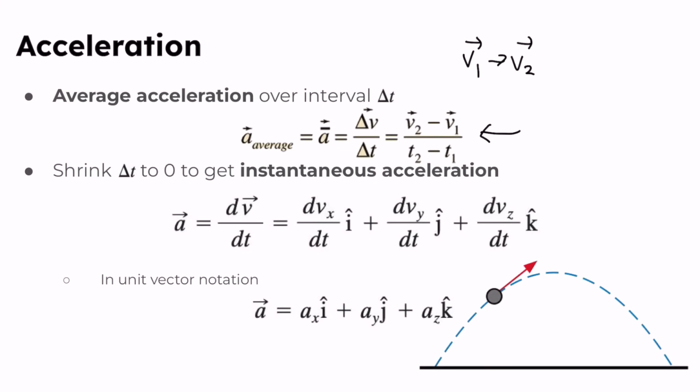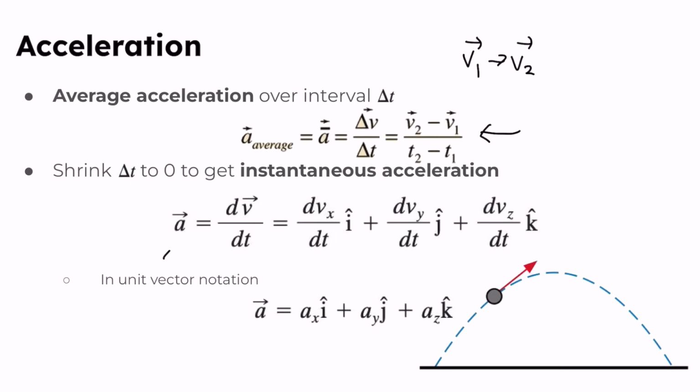Similarly, to find instantaneous acceleration, or just acceleration, we can shrink that time interval to 0, or using calculus terms, we can take the limit as delta t goes to 0 about some instant, and then therefore our average acceleration would just approach the instantaneous acceleration at that instant.